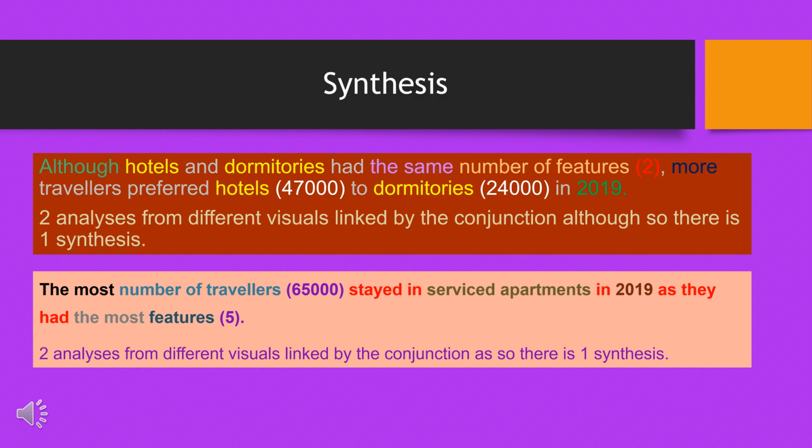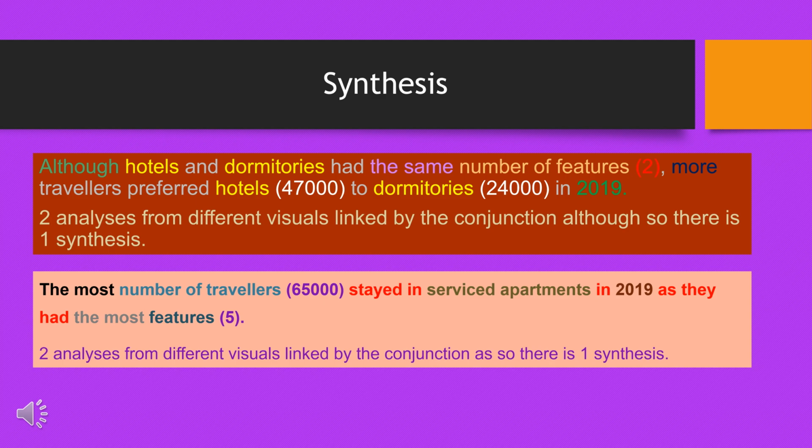Okay, now the synthesis. A synthesis will only be a synthesis if you link information or details from two different visuals. Look at the first one. Although hotels and dormitories had the same number of features, 2, more travelers preferred hotels, 47,000, to dormitories, 24,000, in 2019.